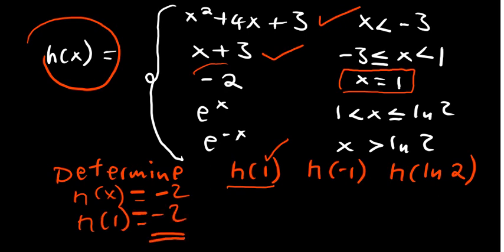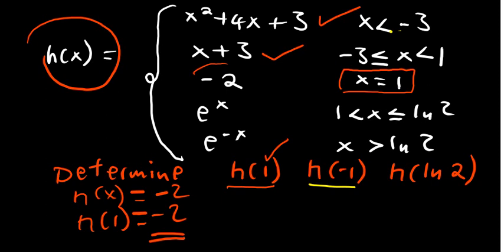Okay, so if we add the x somewhere there, for example, negative 2x, you would have plugged in negative 2 by 1, which would have been negative 2. Just like that. Okay, the second one says h of negative 1. So where do we have negative 1? So when they say x is less than negative 3, is negative 1 less than negative 3?